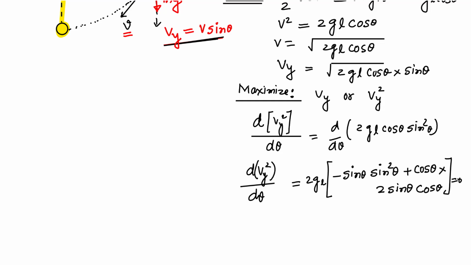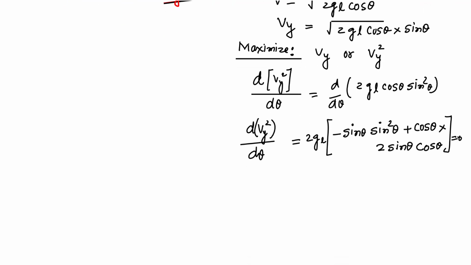So this is equal to 0. If you take sin theta common, then you will have minus sin squared theta plus 2 cos squared theta equals 0.